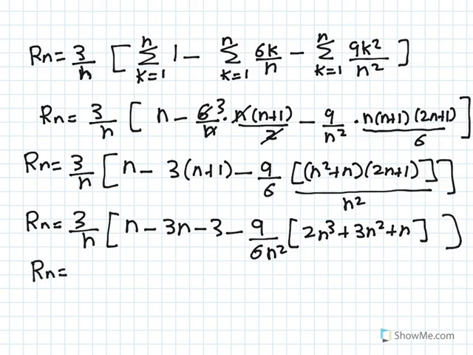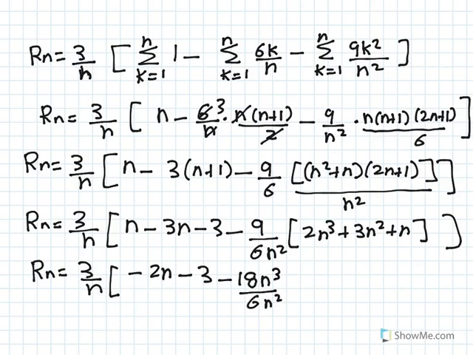Rn is equal to 3 over n times n minus 3n, that's minus 2n, minus 3, minus 18n cubed over 6n squared, minus 27n squared over 6n squared, minus 9n over 6n squared. And all of this is multiplied by 3 over n.